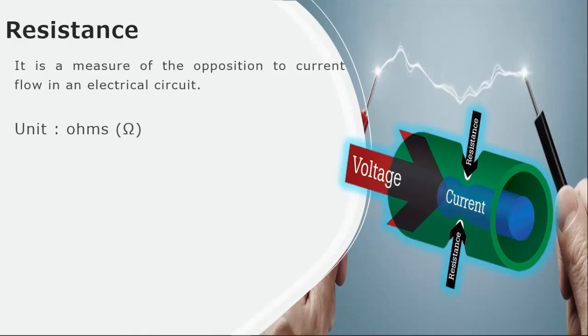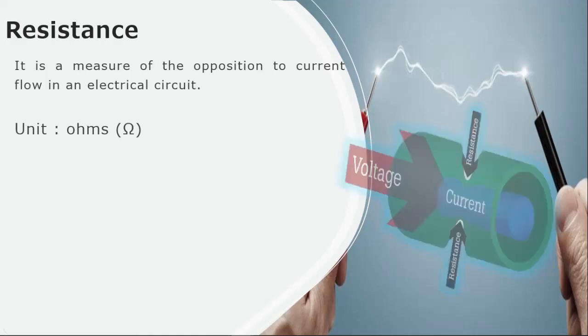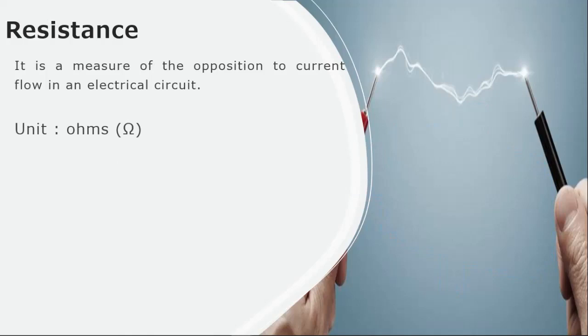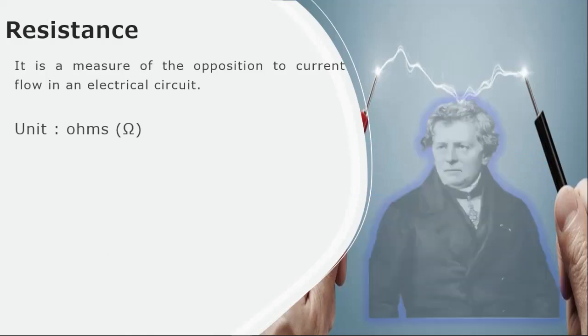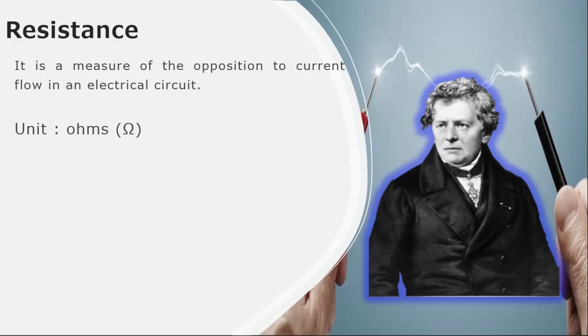Resistance is measured in ohms and symbolized by the Greek letter omega, named after Georg Simon Ohm, a German physicist who studied the relationship between voltage, current, and resistance, and is credited for formulating Ohm's law.